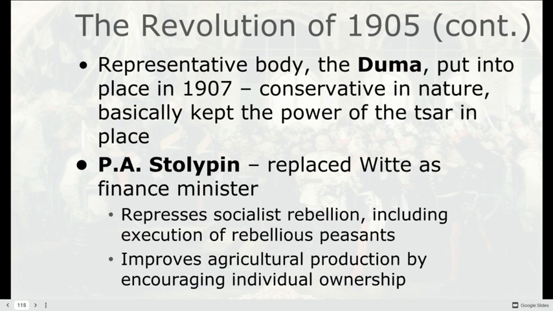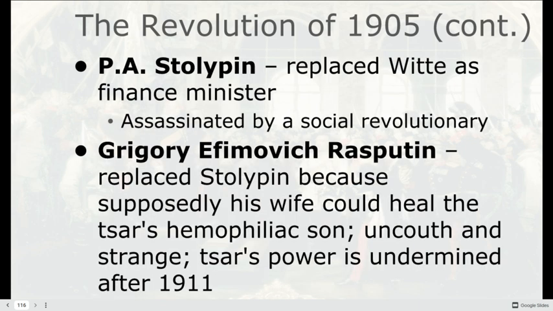But the Tsar's new finance minister, Stolypin, spelled S-T-O-L-Y-P-I-N, wanted to suppress the socialists again and execute rebel peasants. And he was eventually assassinated.